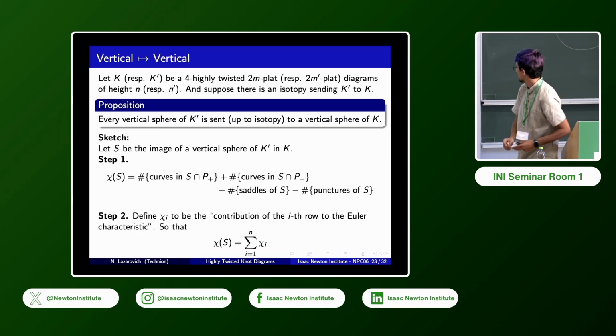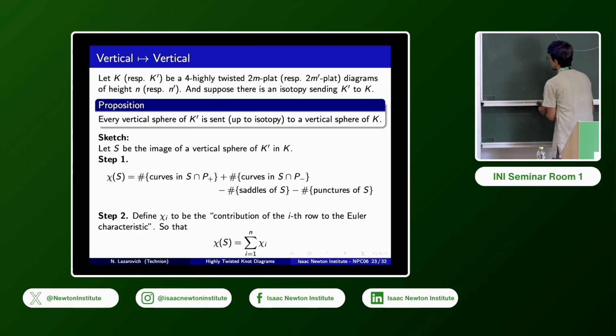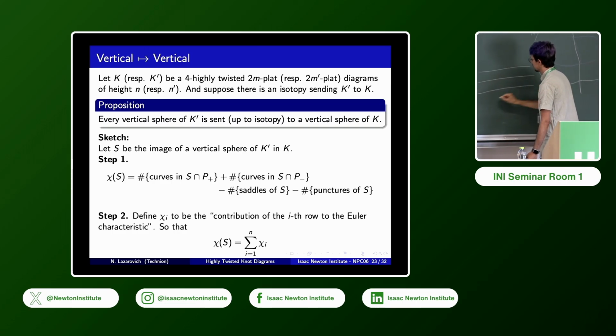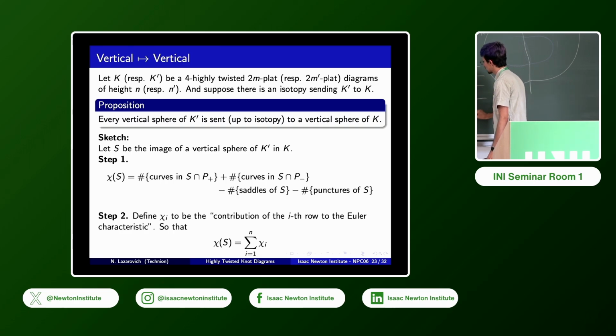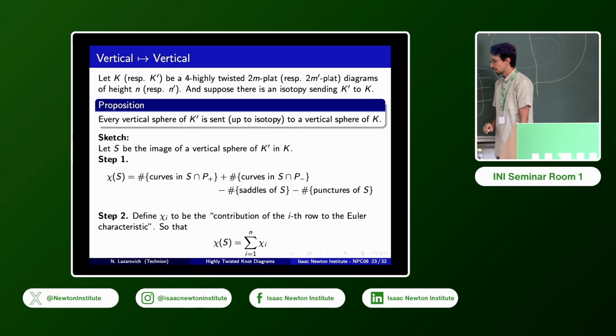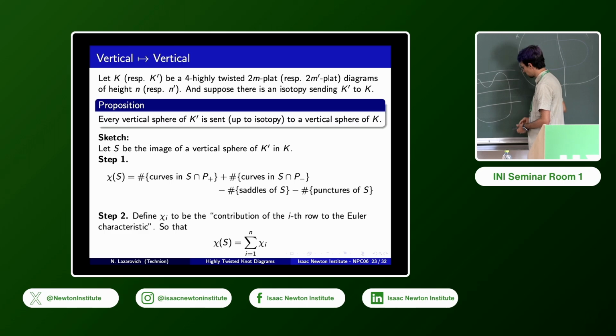So for instance, maybe let me do a little sketch. So here are the layers of the diagram. For instance, I want to count how many curves I see. A curve could go anywhere in this place. So you see, the curve is now chopped into pieces.